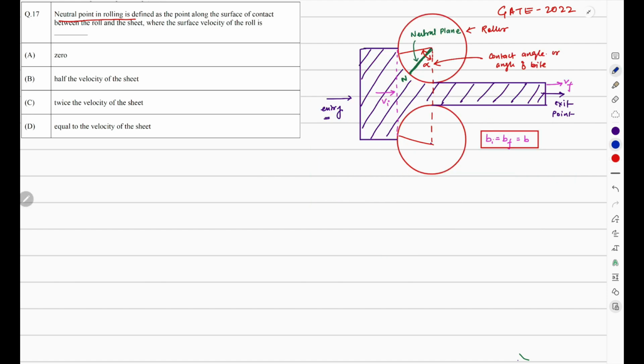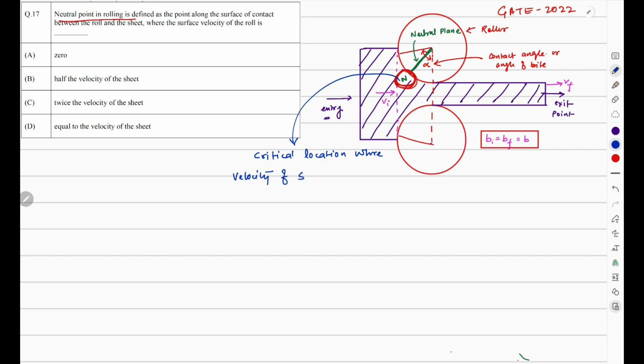In the rolling operation, the neutral point, that is the no slip point, is here where N is indicated. This is called the neutral point or no slip point, and this is a critical location where the velocity of the workpiece, that is the sheet, matches with the velocity of the roll surface.